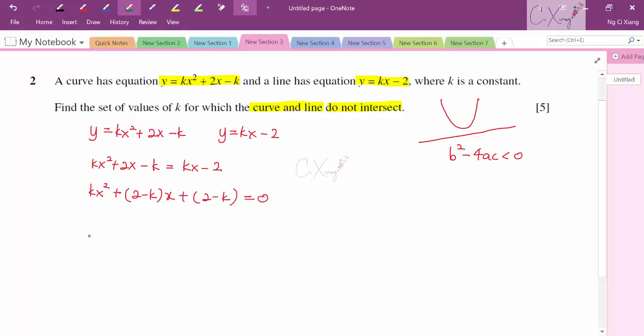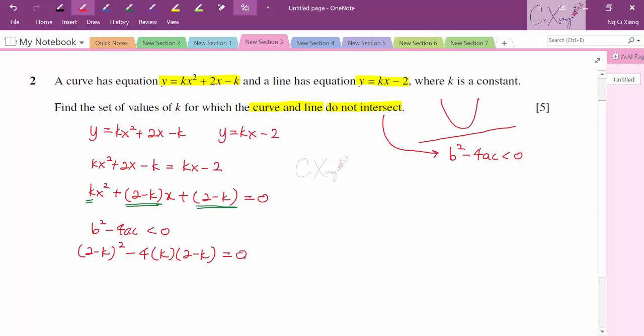Okay, so it is very obvious that this is A, this is B, and this is C. Since in the question they are using the keyword curve and line do not intersect, this is the reason that we are going to use b squared minus 4ac smaller than 0 to get the value of k. So b squared minus 4ac smaller than 0, this is my b, a is k, c is 2 minus k.